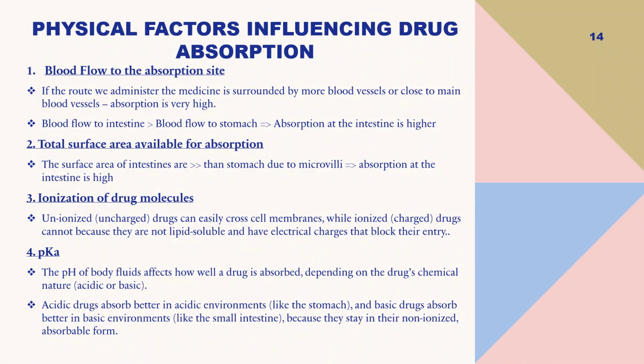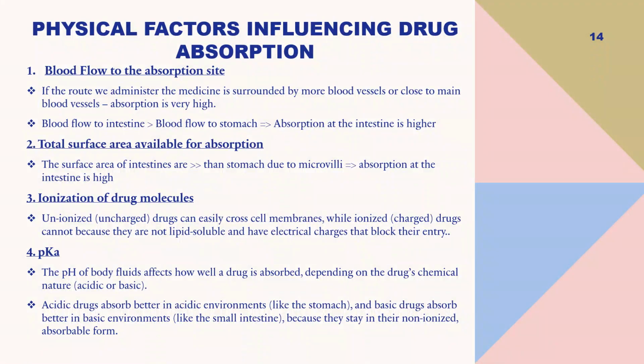And also the pH level of the absorption site is important. The ionization of drug molecules and the pH level are actually interconnected. The pH of the body fluids affects how well a drug is absorbed depending on the drug's chemical nature.